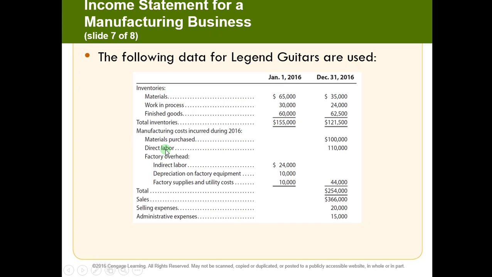Direct labor that was used during the year, all the factory overhead that was incurred during that year, the indirect labor such as the janitorial staff and the supervisors, depreciation on the factory equipment. And then we've got those period costs down here, selling expenses and admin expenses.